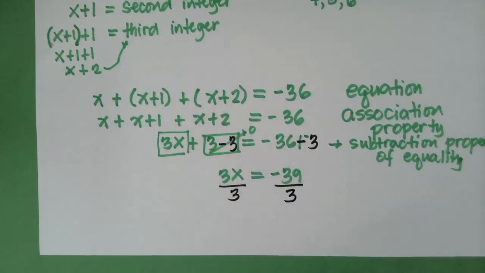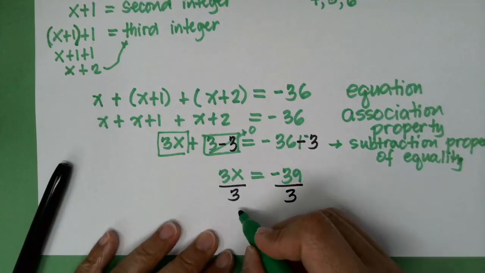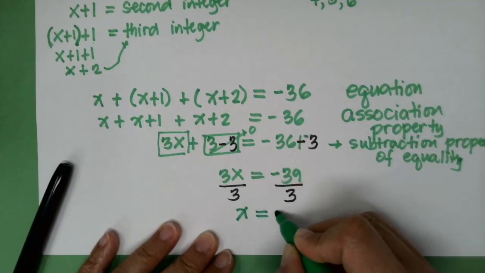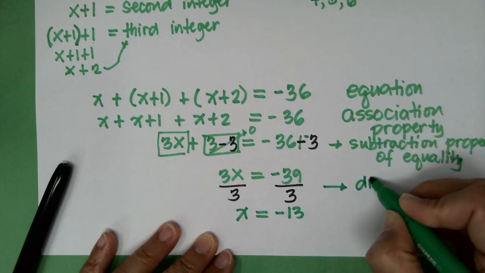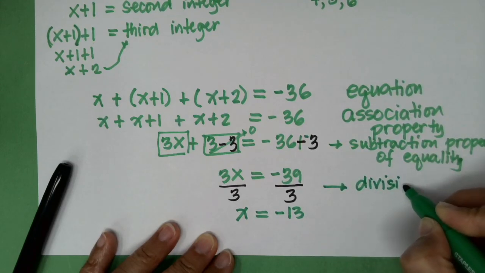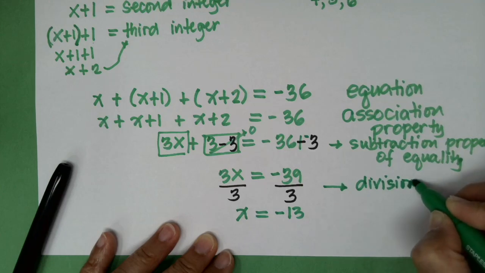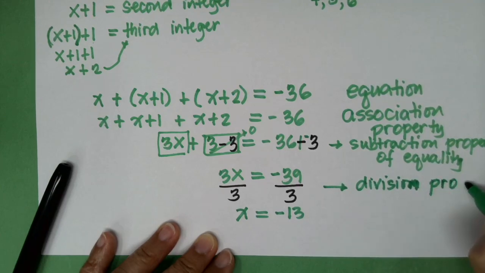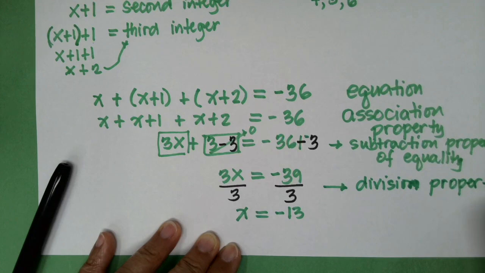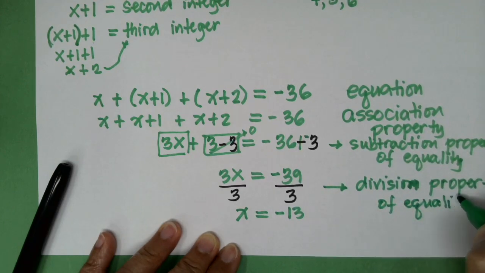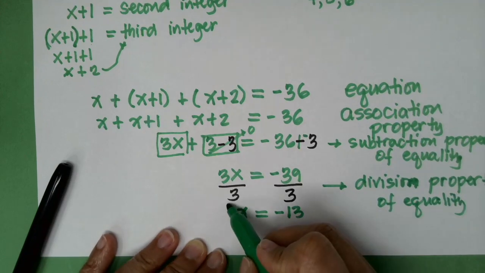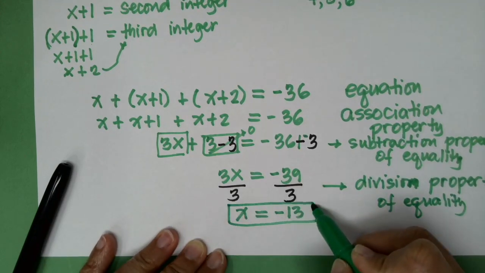So we get now x equals negative 13. So this part here, that's the division property of equality. So x is equal to negative 13.